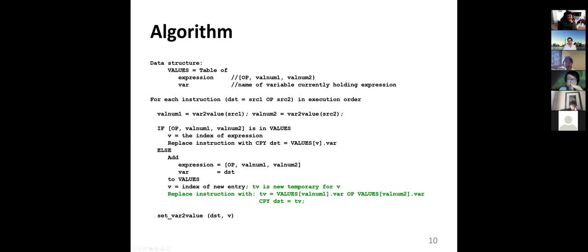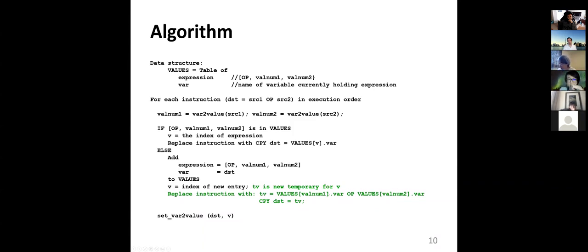If you don't find it, which is the common case at the beginning, then you're going to create a new entry into this structure. So you would create a new temporary variable, TV, and then you replace the value you've seen with the actual assignment: TV, a register T1 or T2, equals the value's operand and second operand.